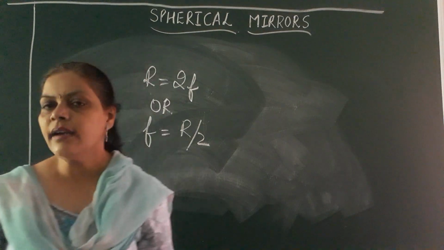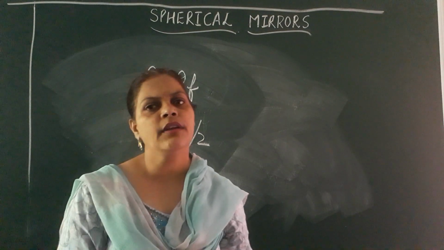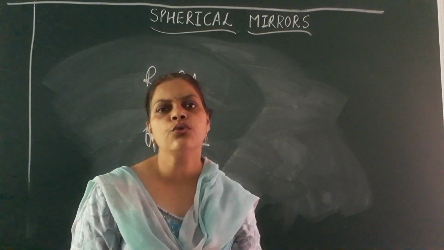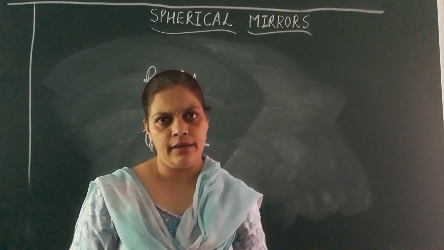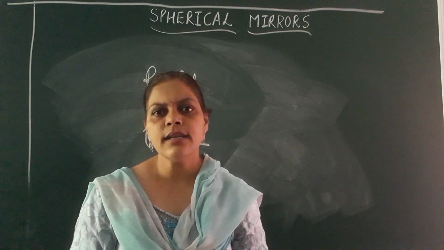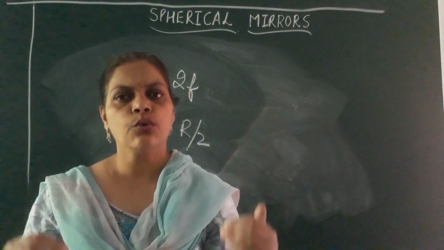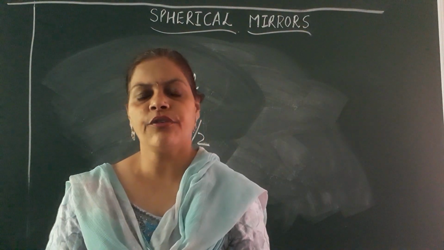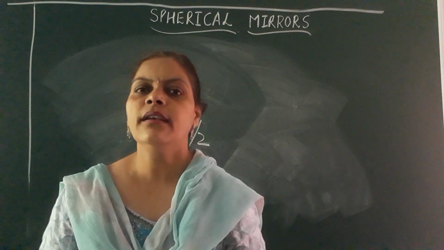In order to understand the ray diagrams related to concave and convex, children, you need to know the rules. We use some rules to draw these ray diagrams, and those rules I am going to introduce to you in the next class. After we finish with the rules, then we are going to apply these rules to draw the different ray diagrams related to concave and convex mirrors.